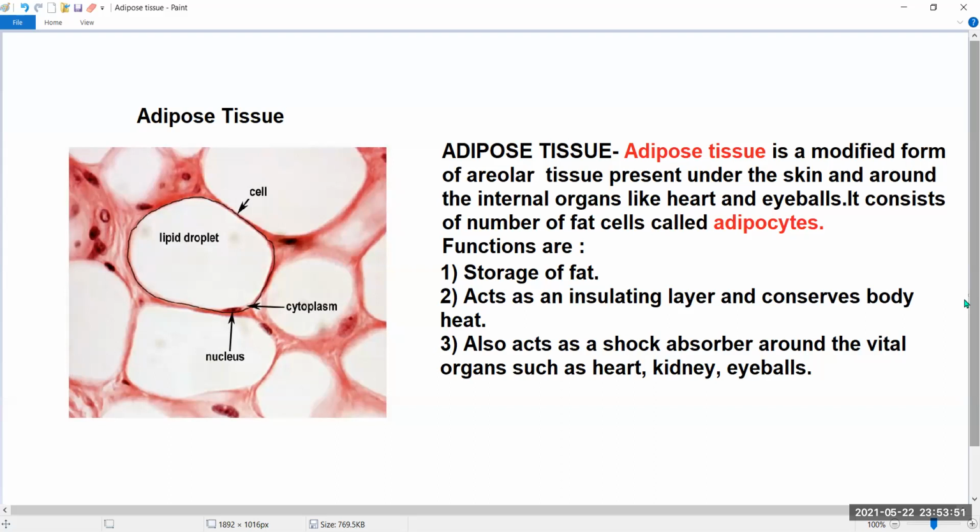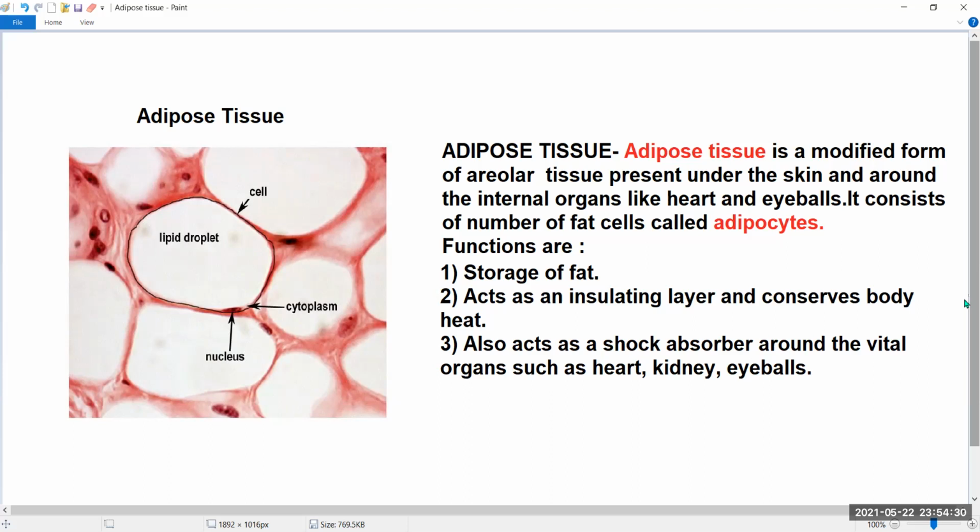Now, the next tissue is adipose tissue. Adipose tissue is a modified form of areolar tissue, which is present under the skin and around the internal organs like the heart and eyeballs. It consists of a number of fat cells called adipocytes. Now, the functions of adipose tissue are: one, storage of fat.